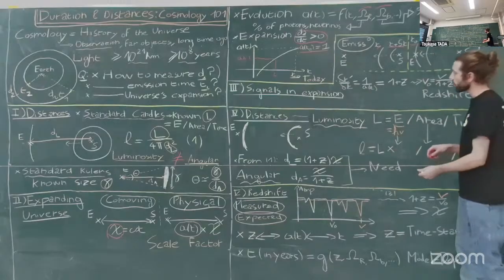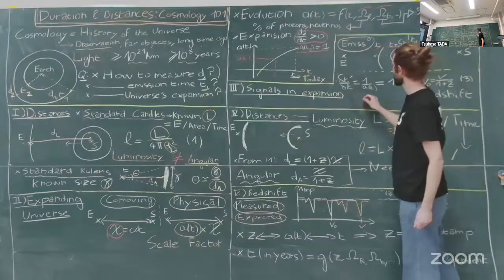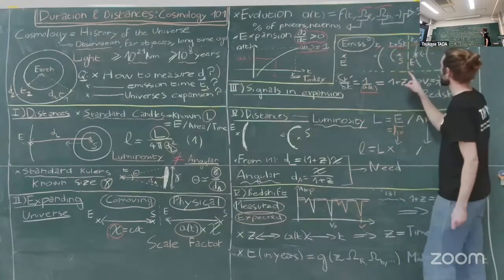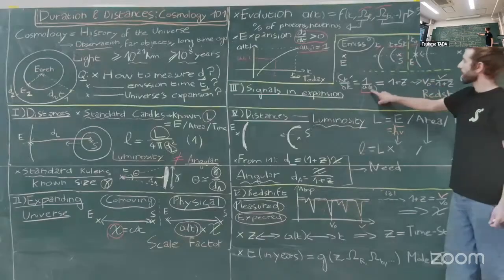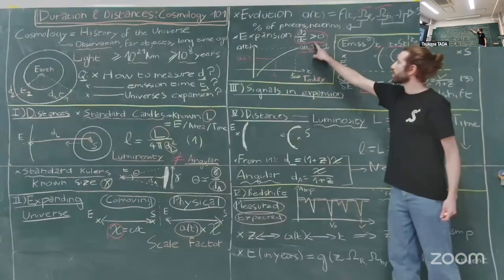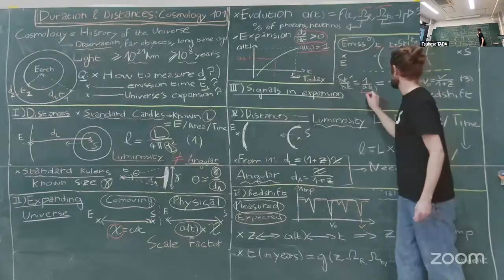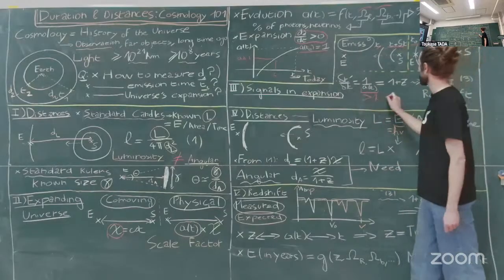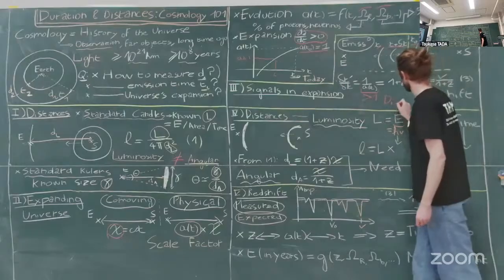And you can show that delta t prime over delta t is equal to 1 over the scale factor at emission time. And because I said that I normalize the scale factor to be 1 today, this is larger than 1, which means that there is a dilation of duration.